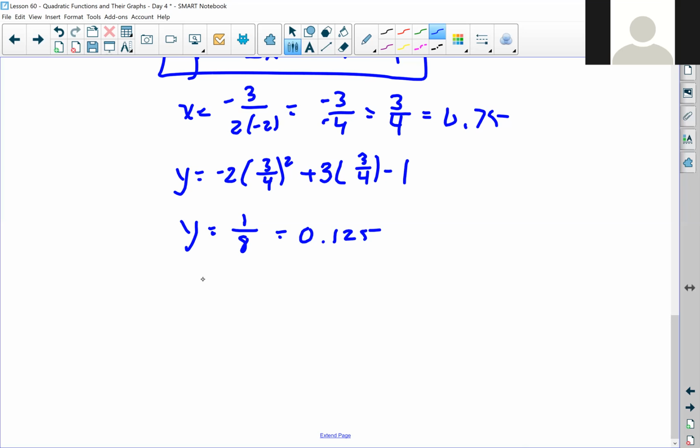So there's my vertex. I could write it either as a fraction, and I kind of like fractions, or I could write it as the decimal equivalent. Either would be fine.